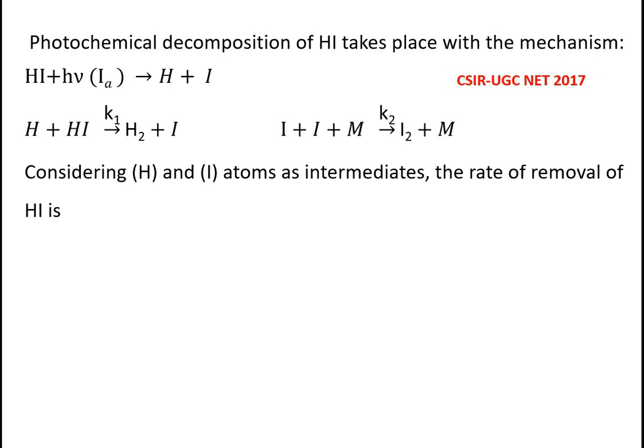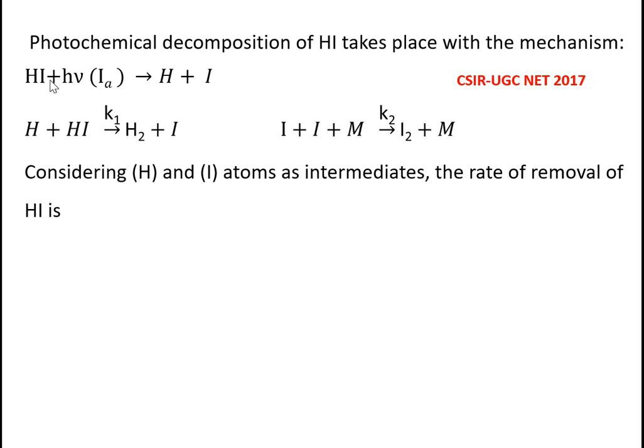Photochemical decomposition of hydrogen iodide takes place with the mechanism. So this is the photochemical step, the first one. The rate involved depends on IA, the intensity of absorbed light, and the second step is thermal. So H plus HI gives H2 plus I. Now considering both H and I as intermediates, the rate of removal of HI, that is minus d/dt of HI.